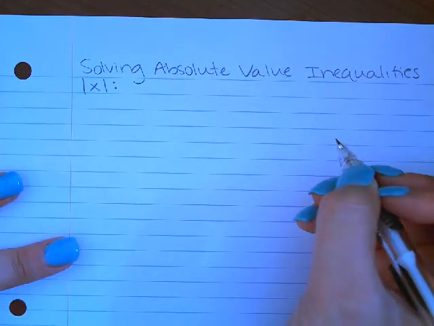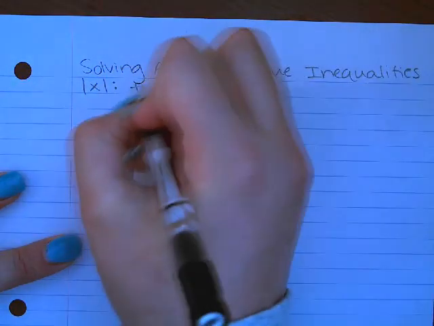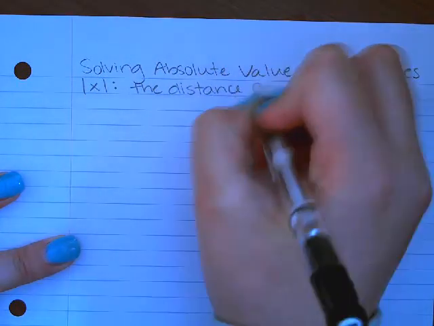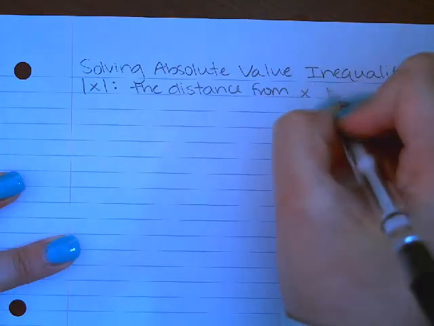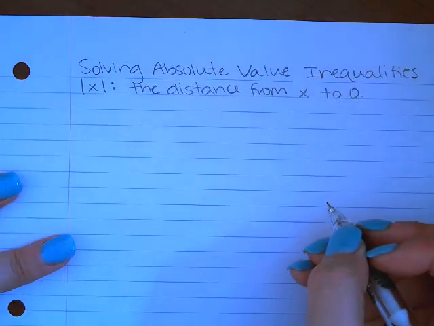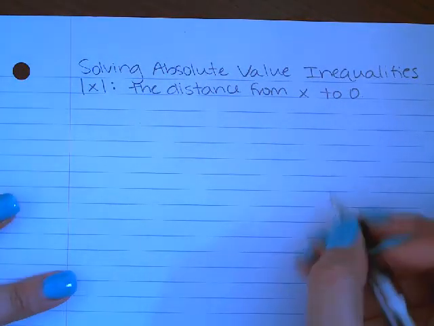So if you recall, this notation, the absolute value of x, means the distance from x to 0. And that's why when we work with absolute value, we always say that you just take the number inside and you force it to be positive because distances are always positive.